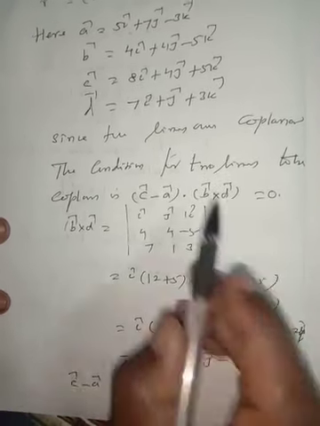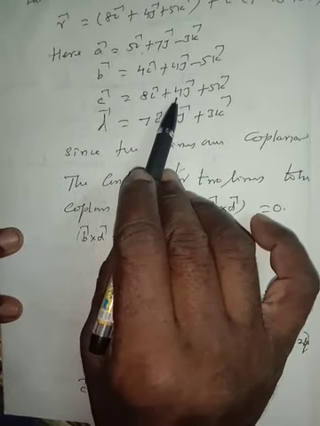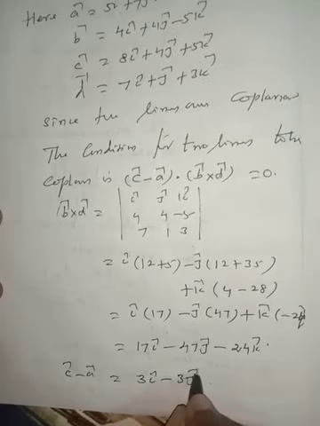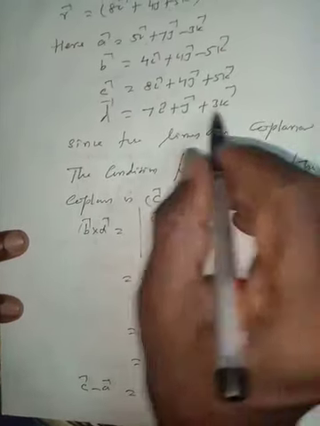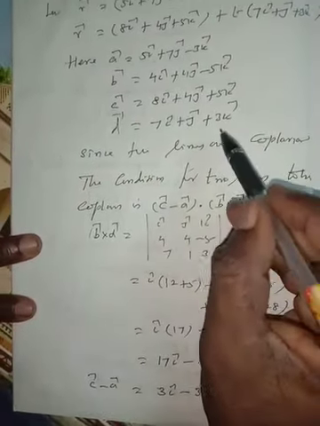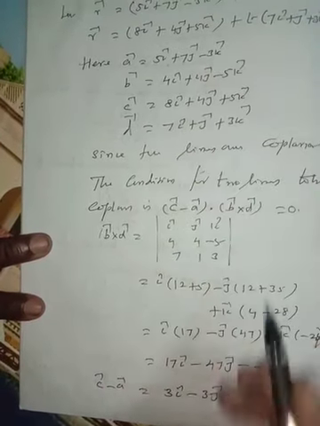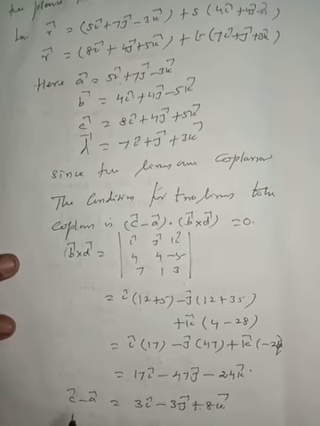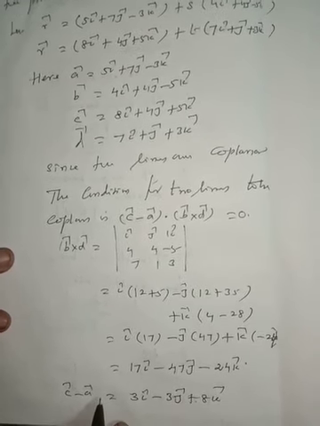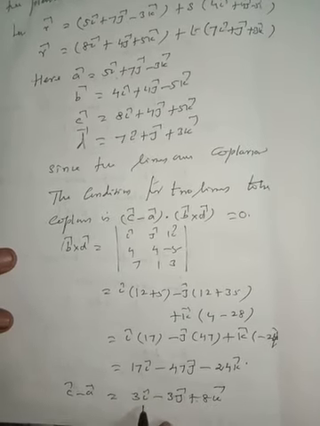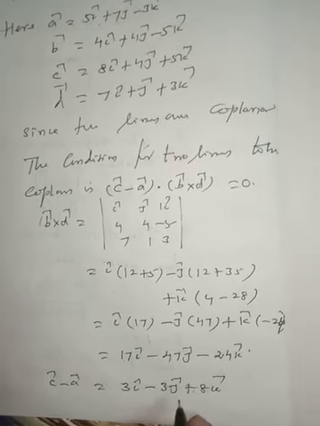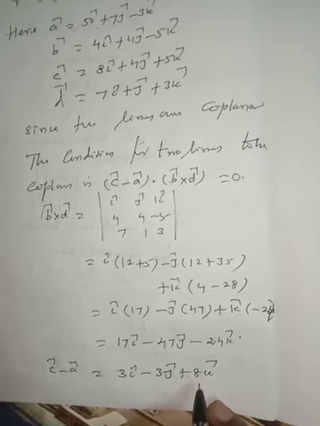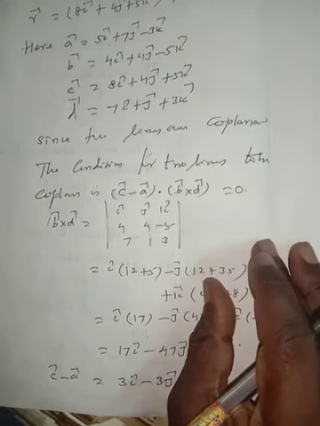Next, 4 minus 7 is minus 3j vector, plus 5 minus of minus 3 is positive 8k vector. C vector minus a vector is 3i vector minus 3j vector plus 8k vector.